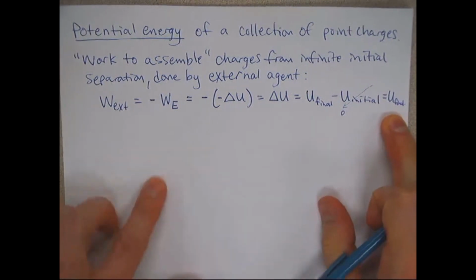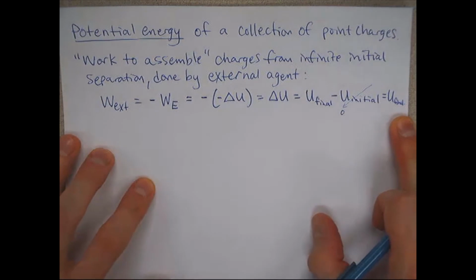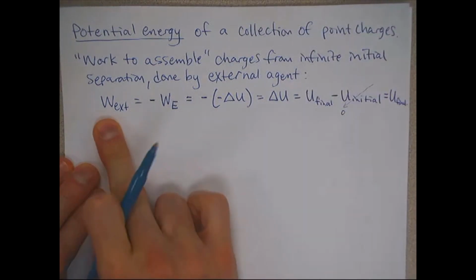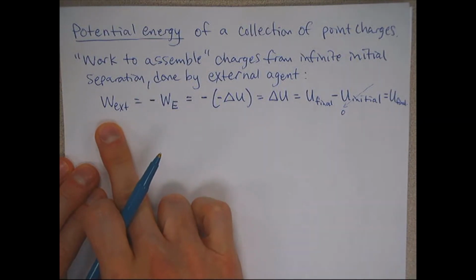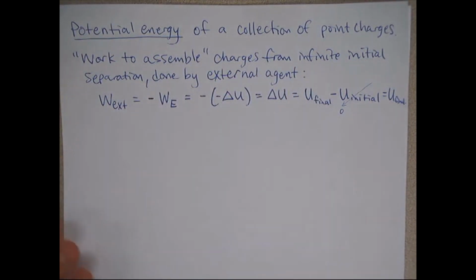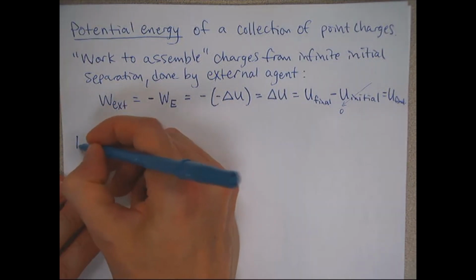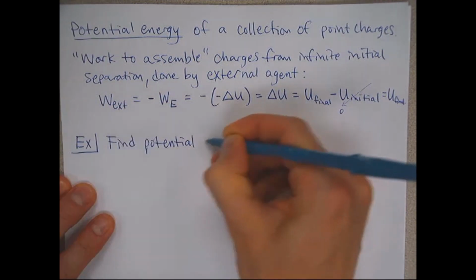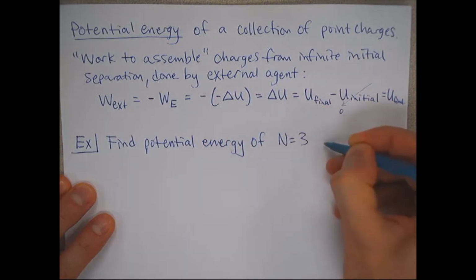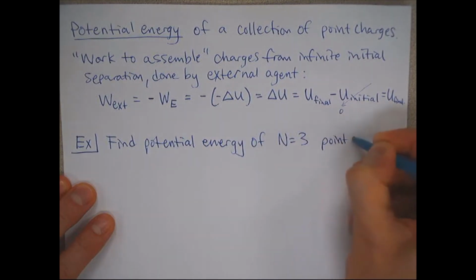And you're forced to conclude then the final potential energy of the configuration is the amount of work that would need to be done by some external agent to assemble those charges. So as an example, let's find the potential energy of 3 point charges.